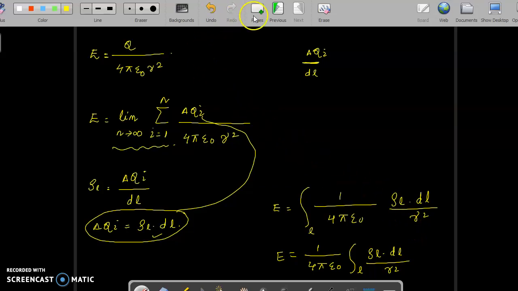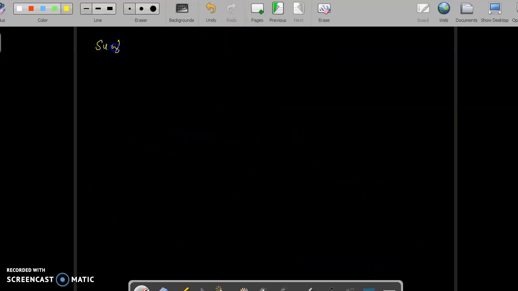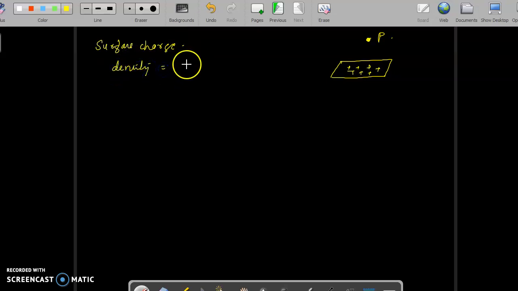Similarly, for a surface charge, indicating that the charges are uniformly distributed over a surface, let us take a point P. What is the electric field at P due to the surface charge distribution? So the surface charge density, that is rho s, is delta Qi by a small surface ds.